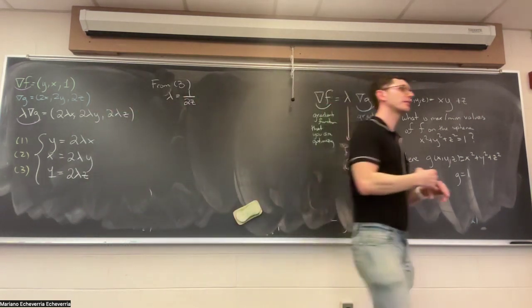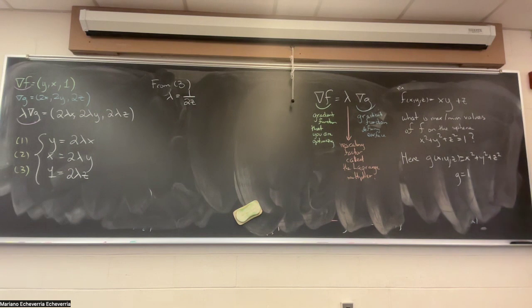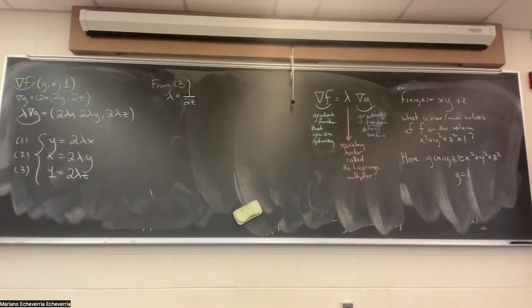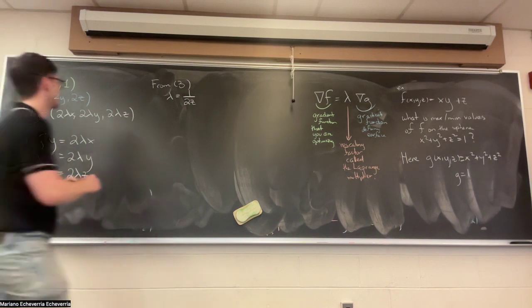The third equation gives you the value for lambda in terms of z, and then you can substitute that into the first two equations.